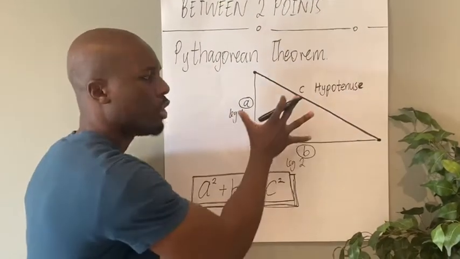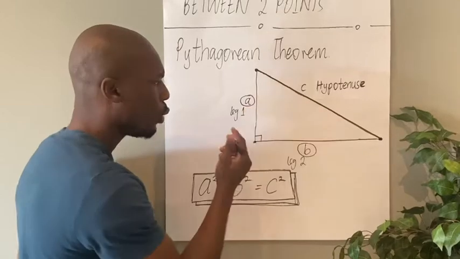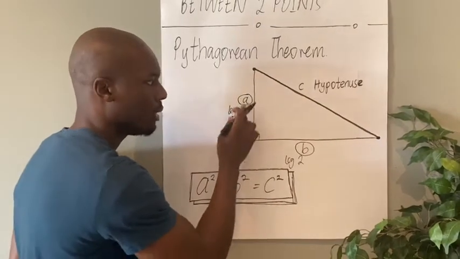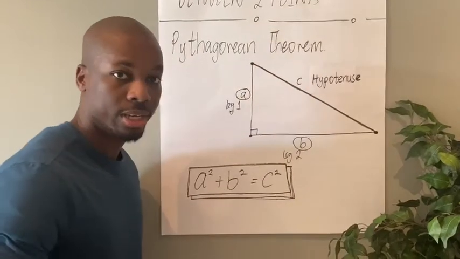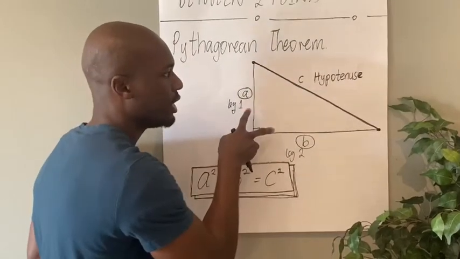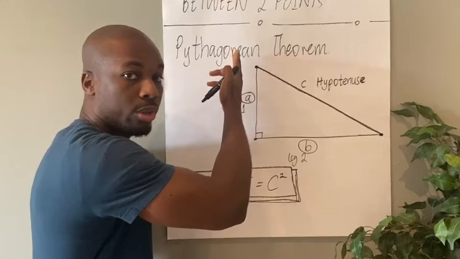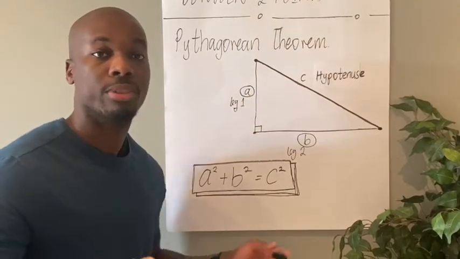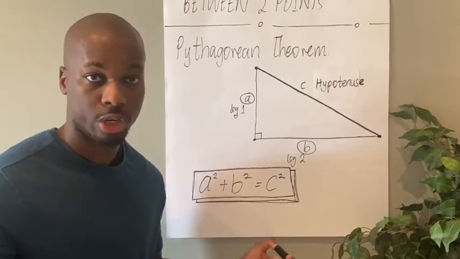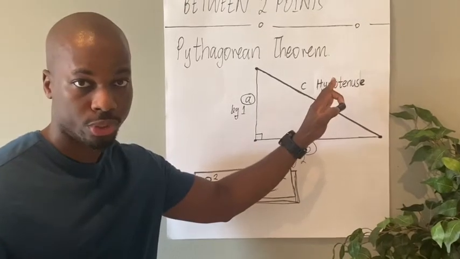Once you're able to do that, we'll know that since this is leg one and this is the second leg, we can apply the Pythagorean theorem to find the length of the longest side, or the length we're talking about. We call this the hypotenuse.